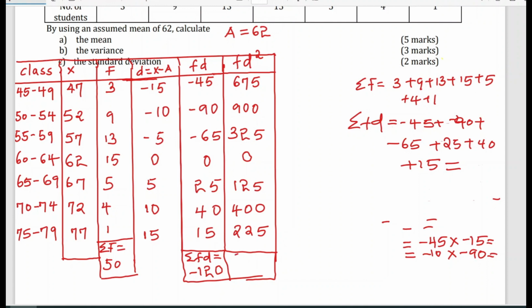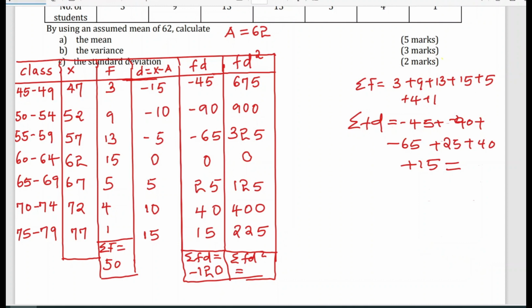Let us continue. We also require the sum of FD square. So we just add the way we add. Let me rub this. Please grant me the permission to rub this. It's just a rough work.